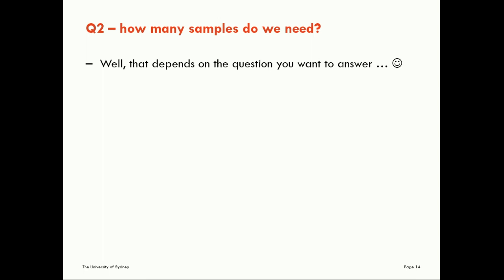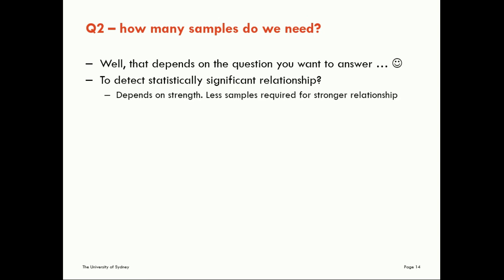And it's important that we're specific in what question we want to answer when we ask how many samples do we need. One question we might want to answer is how many samples do we need to detect a statistically significant relationship between our variables? And there isn't really a good answer to that question because it really depends on the strength of the relationship.